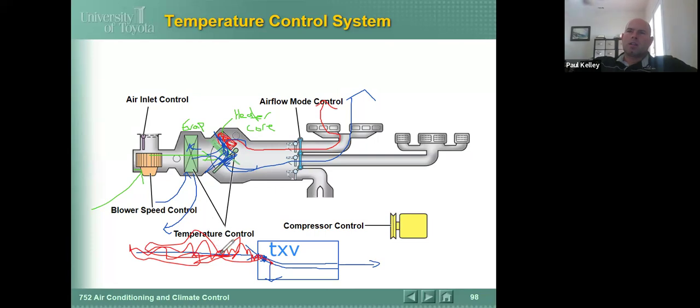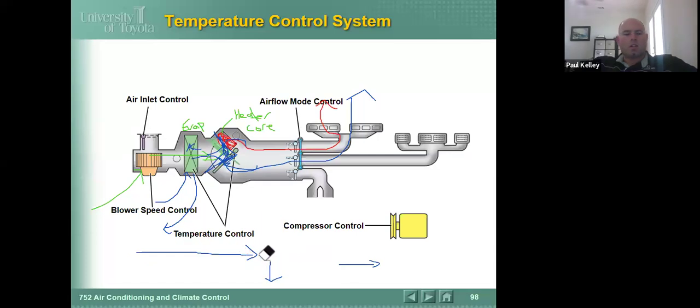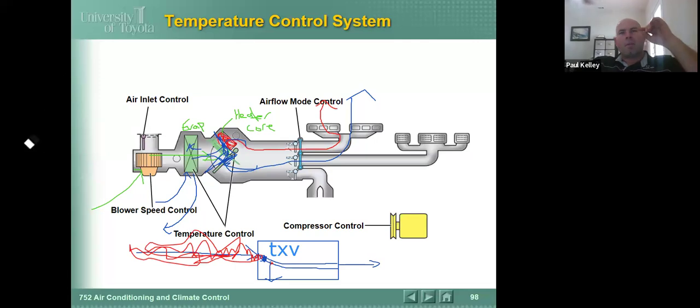Now let's just say the TXV has a problem and it's stuck open. Now there's too much of a passage here. The passage is going to be too big. I can't actually do what I want to do. If the passage is too big, what do your pressures become? The high is going to drop and the low is going to come up.